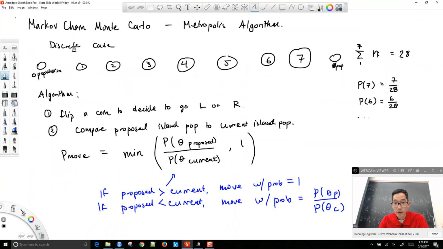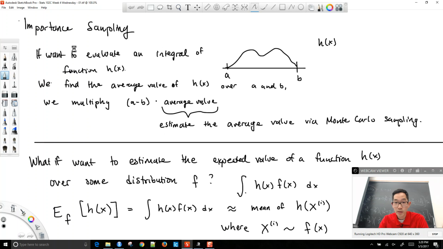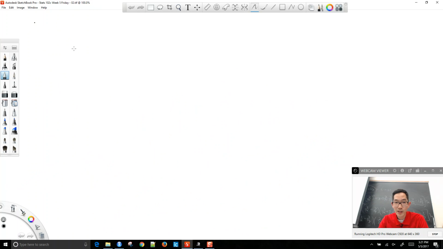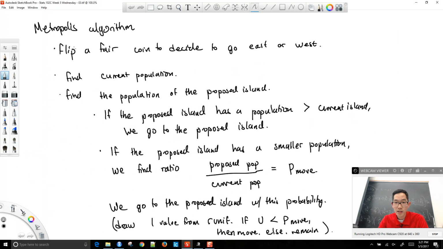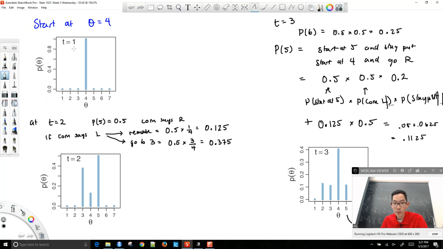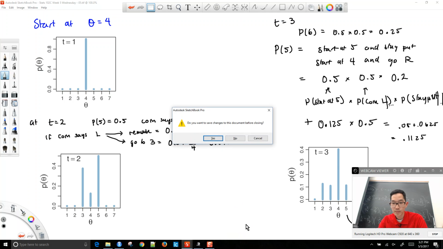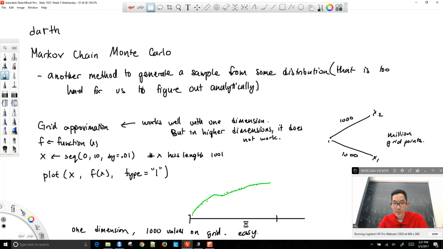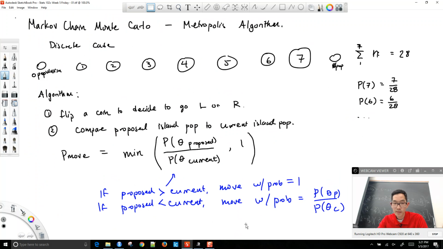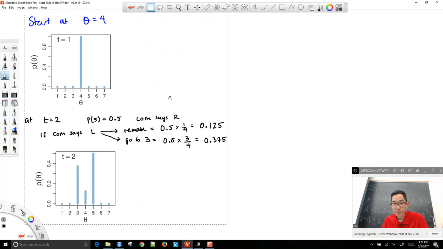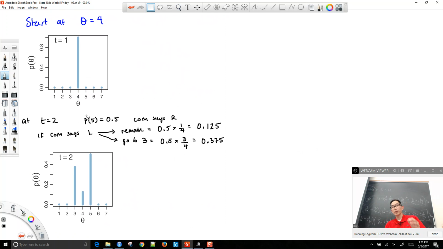Let me see if I can go back through it. Okay, so I'm going to copy this stuff. All right, we did this a little bit with the pictures here.